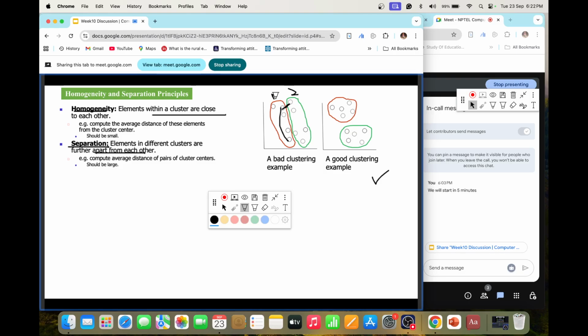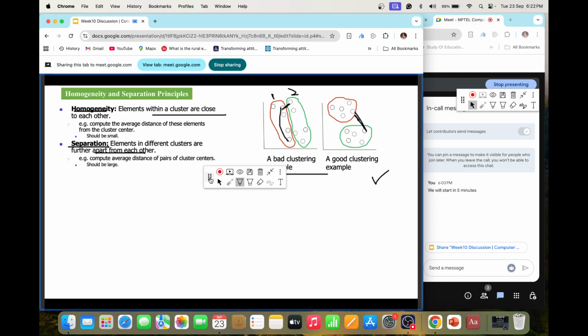So homogeneity is low and separation is also low, which is why this is a bad clustering. But here you can see the homogeneity is high and the separation is also large. That is inter-cluster separation. So there are two concepts: homogeneity and separation.